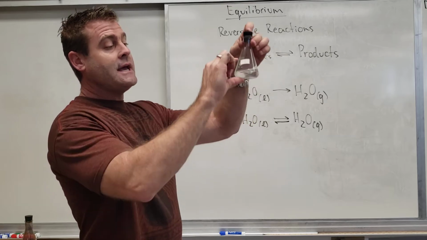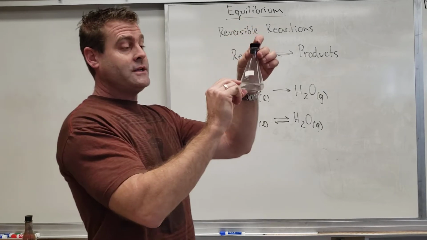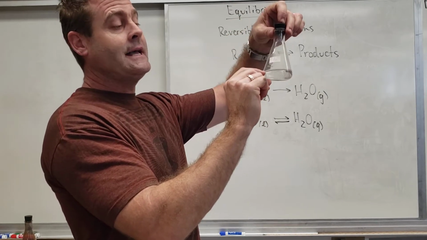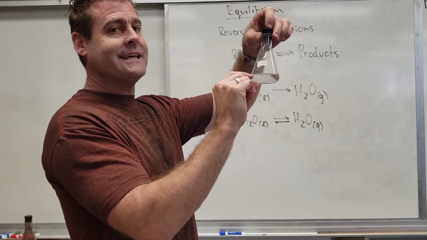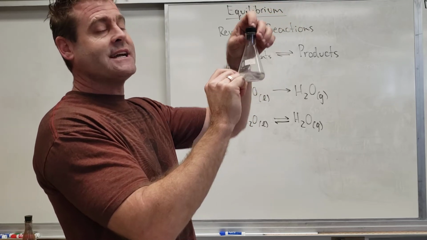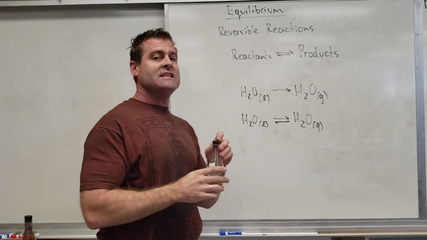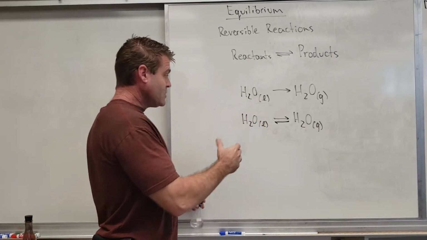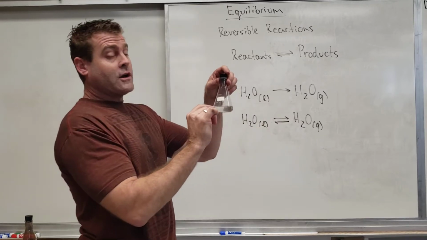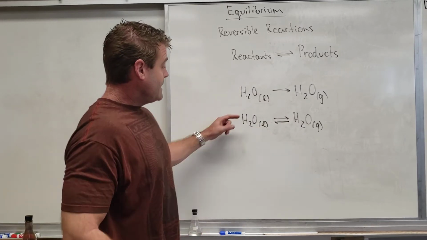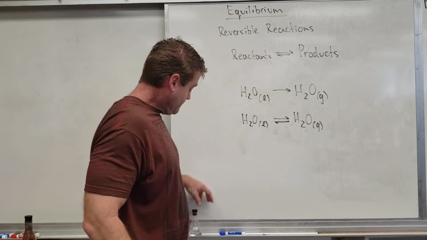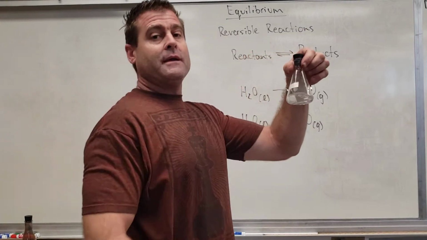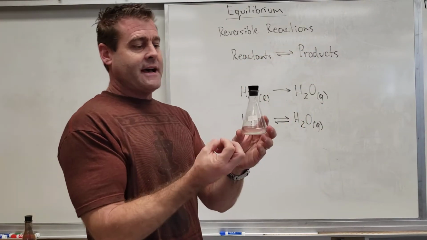With it closed, ultimately I'm going to reach a point at which the level of the water stays constant. The misconception is that the water molecules stop moving. That's not the case. Eventually the amount of water will be constant, but evaporation is still occurring. Initially, which process is happening the fastest? Evaporation.